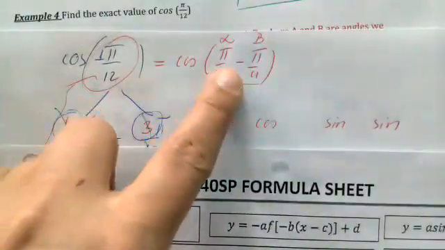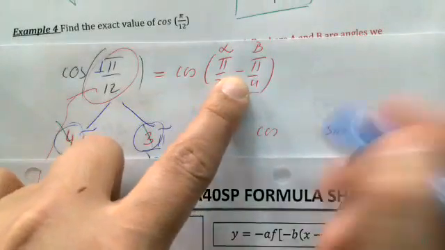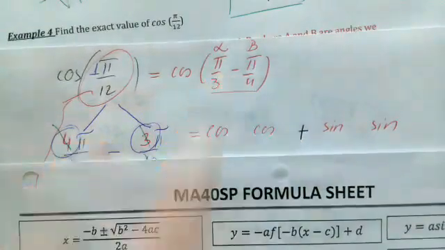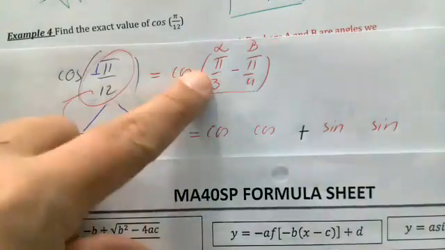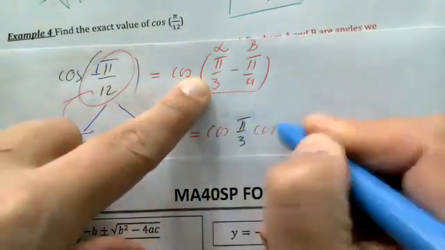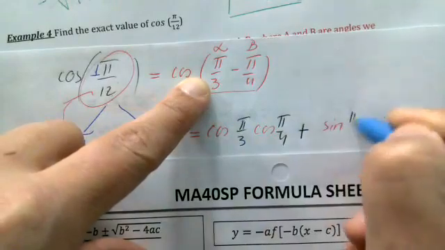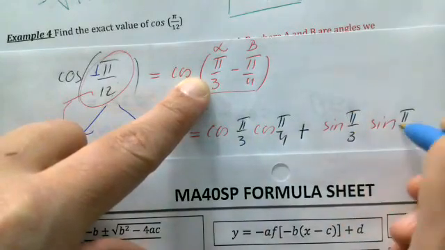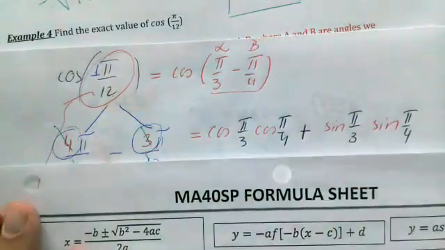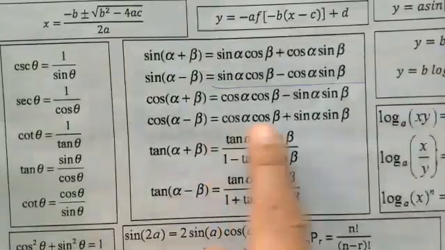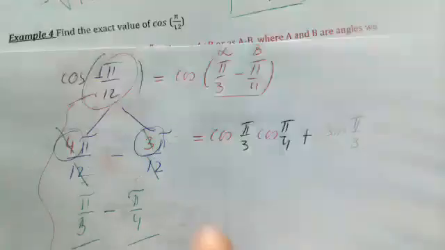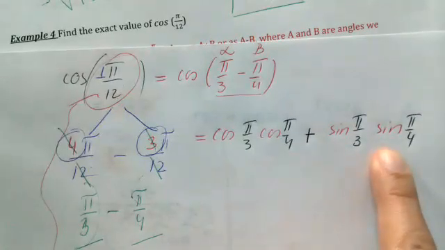And then the sign: if it's subtraction in between, it's going to be opposite, so it's going to be plus. And then the first angle, the second angle; first angle, the second angle. So I've done it really quickly. I applied that formula with the angles that we found.